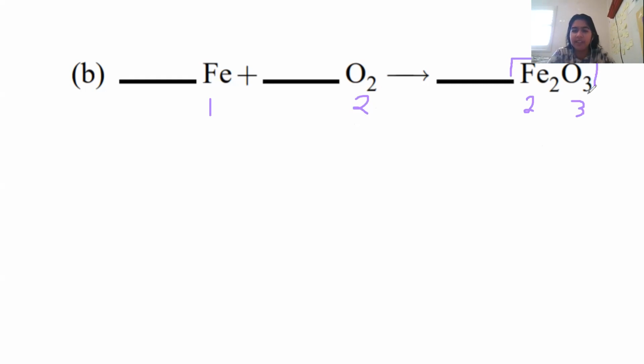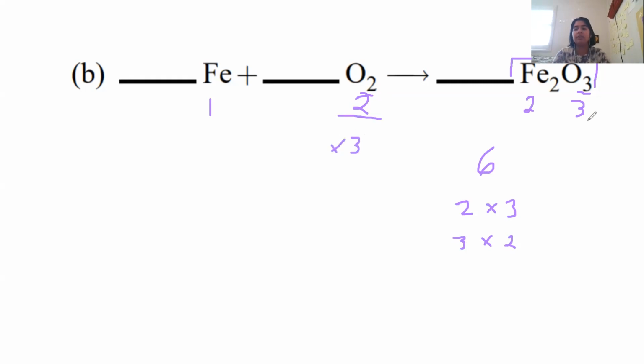So we want something that has a 3 and a 2 in it, right? And a number that I really like to use is 6, because you can always get a 2 times 3, right? Or it's also a 3 times 2. So for example, we have this O2 which has 2, so we need to multiply that by 3, right?